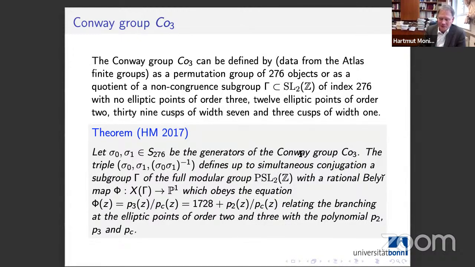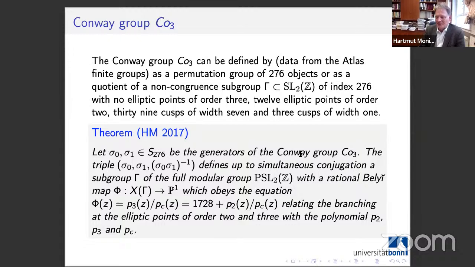If you want to find the modular curve over Q, you would have to look at the extension field. That means you have to find an extension field of this degree 276 polynomial. And I think that's so large that I'm not going to try that.